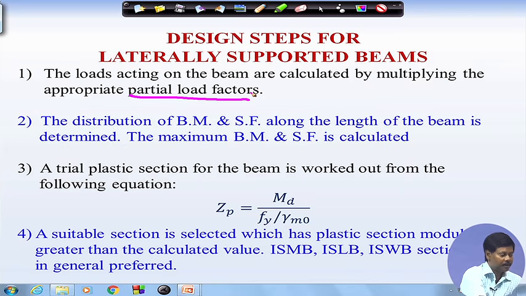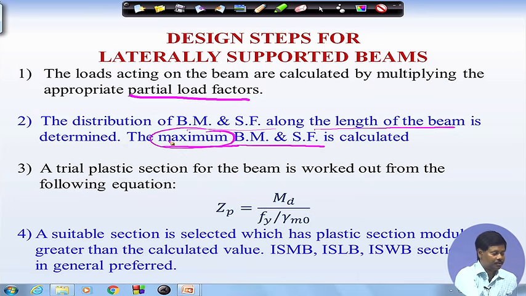From that we find the bending moment distribution and shear force along the beam length, and then the maximum bending moment and shear force, because I have to design the beam against the maximum bending moment and maximum shear force.